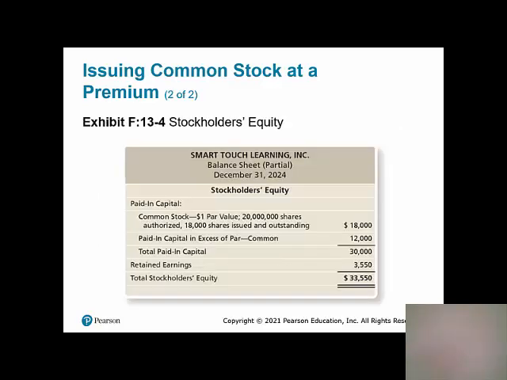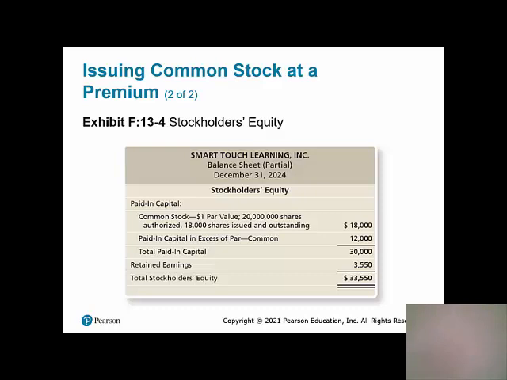Now we're going to look at stockholders' equity for Smart Touch Learning after these two issuances of common stock were made. First we have common stock listed, which is going to be the par value for the 18,000 shares that were issued and are outstanding. So that would be $18,000.